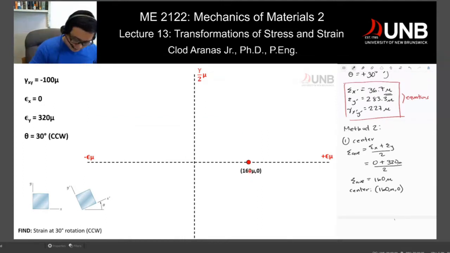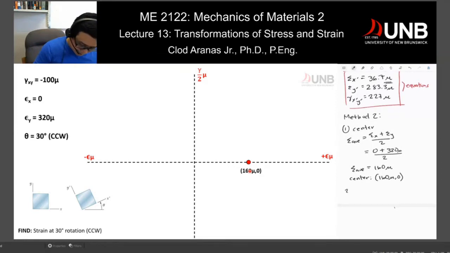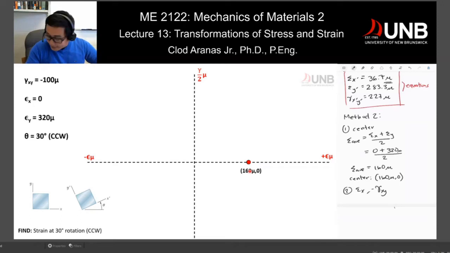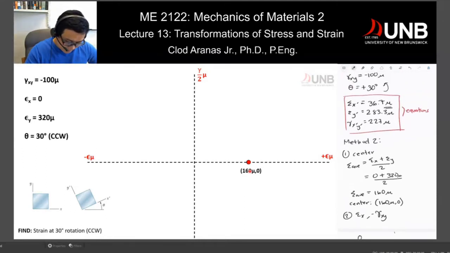Now, second step is to plot 2 different points. In this particular case, we can plot epsilon x, negative shear strain xy. Your x is 0, and that's negative. So negative shear strain xy, that's a negative 100.